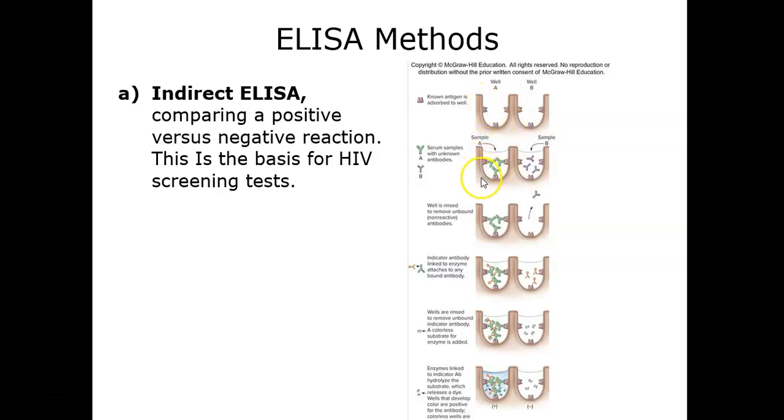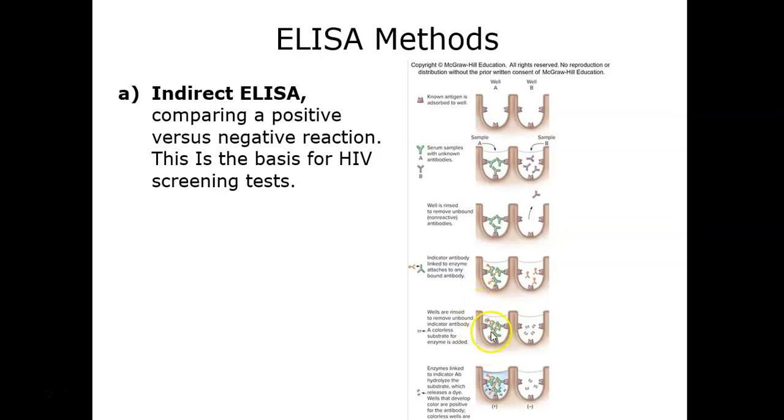We would then add in an antibody. And if there is a reaction, if the two come together, we would add our secondary antibody. The secondary antibody binds to the constant region of the first antibody. And then we basically use an enzyme to create a reaction.